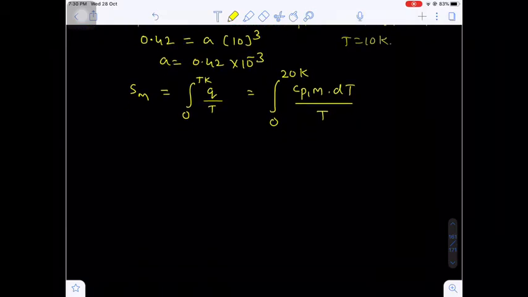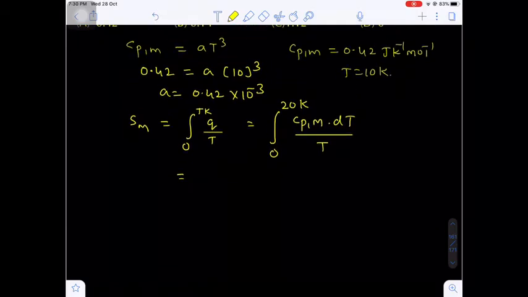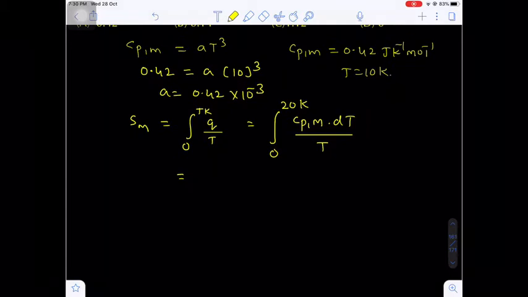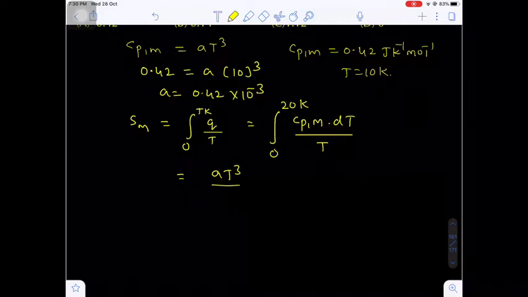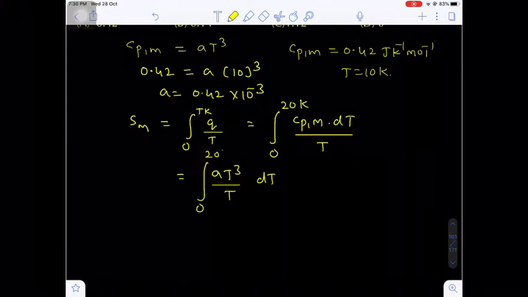So the molar heat capacity, the actual formula, will be equal to A into T cube, whole divided by T into dT, integral 0 Kelvin to 20 Kelvin.